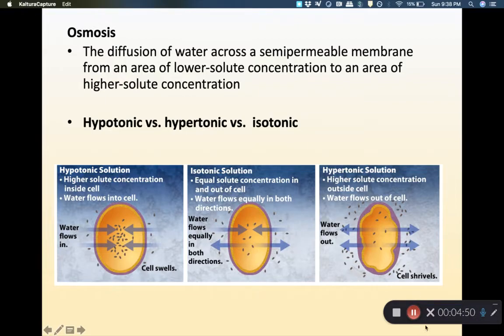A good example of thinking through this is the reason why you can't have an IV of only water. If you have something of only water, you can create these hypotonic solutions where water is going to start flowing into these cells and your cells are going to swell.